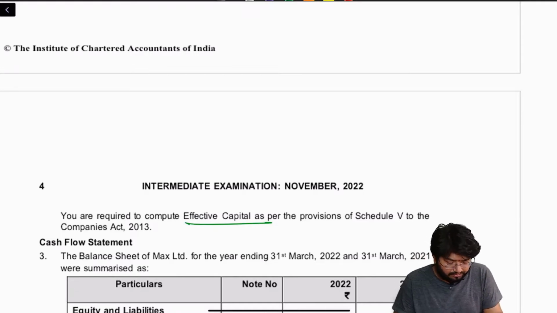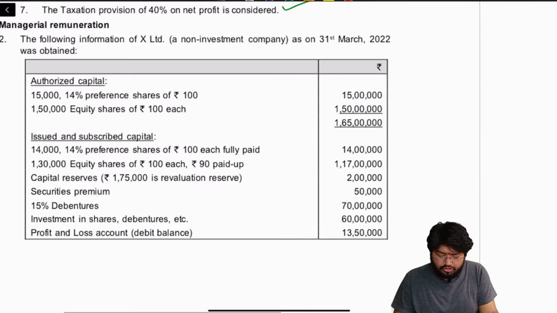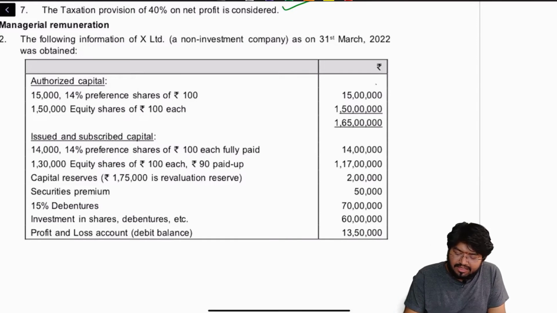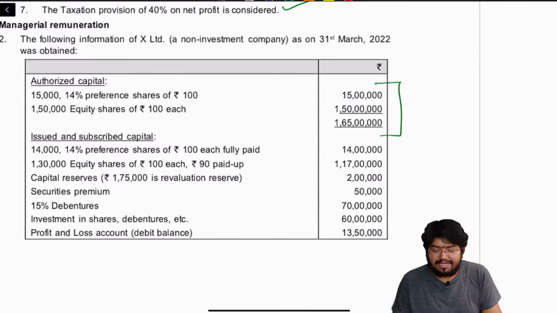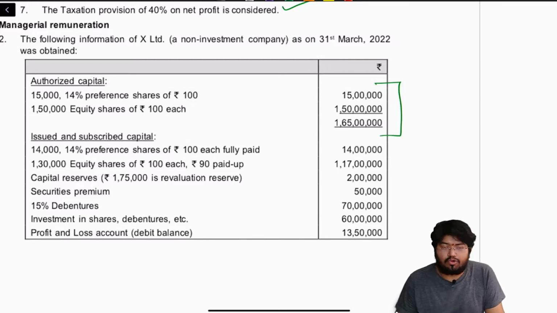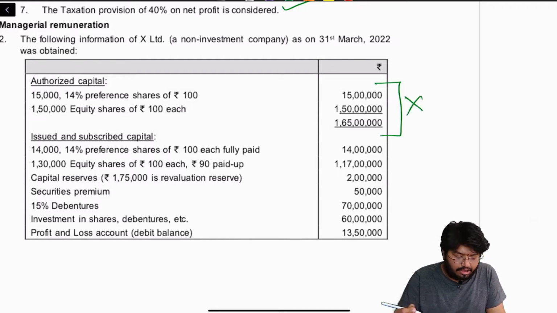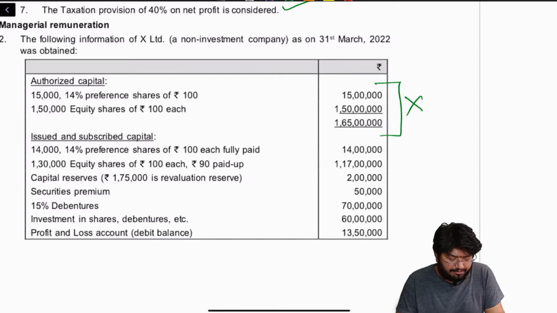Now, I want you to tell me, would we consider authorized capital in calculating this effective capital? Is authorized capital considered? No, only issued subscribed capital is considered, so this would not be considered. Next, coming to issued and subscribed capital, would you take everything or only to the extent paid up?